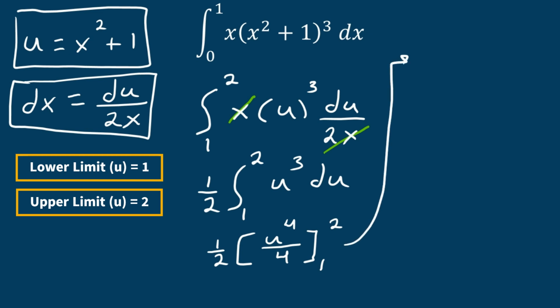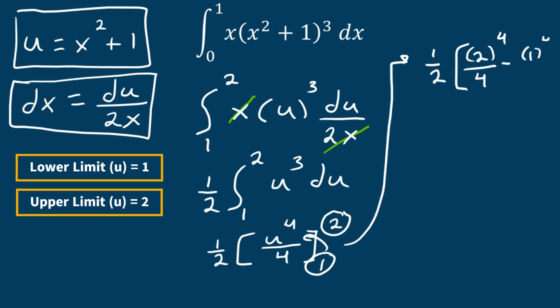What we'll have is 1/2 times, we first replace our u's with the upper limit, which in this case is 2. So it's going to be 2 to the 4th over 4, subtracted by our lower limit, which goes into the u's this time, which is going to be 1 to the 4th over 4.